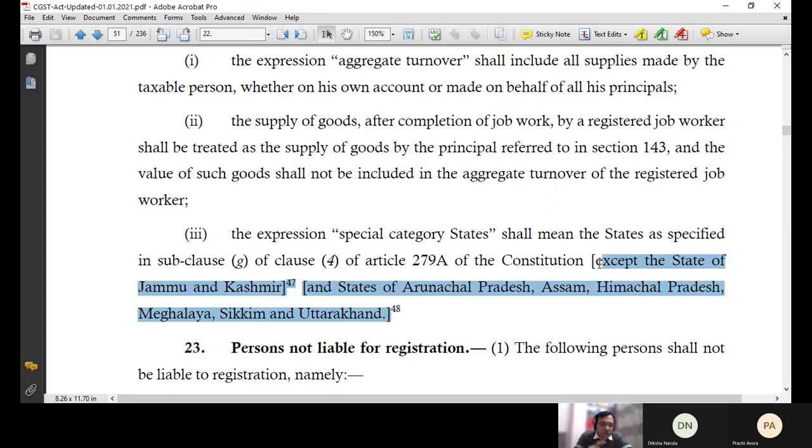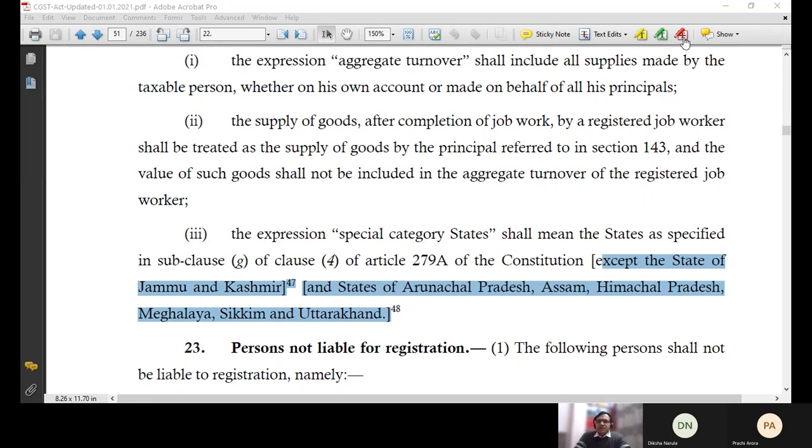Now let me share another file, and then I will start simplifying this language, where I would like to show you Indian Constitution Article 279A. Let me share a new file. I want to show you how you should refer to acts or legal subjects in real life. This will help you in debate and discussion at any forum.